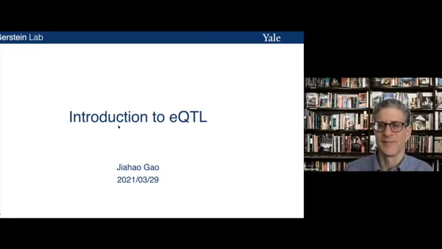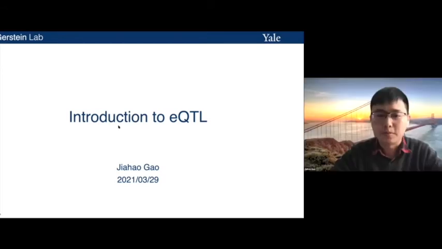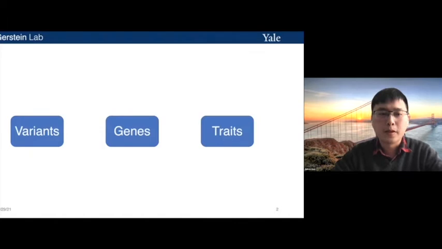Okay, good. Hi, everyone. I'm going to talk a little bit about the eQTL today, and also I will cover just one or two slides for GWAS. One focus in biomedical studies, or specifically in population genetics, is to make connections between the variants and the genes, or the variants and some disease or phenotypes or traits, and also maybe the genes and the traits.